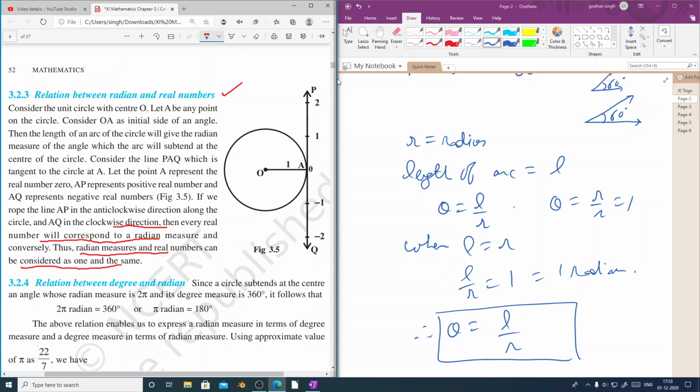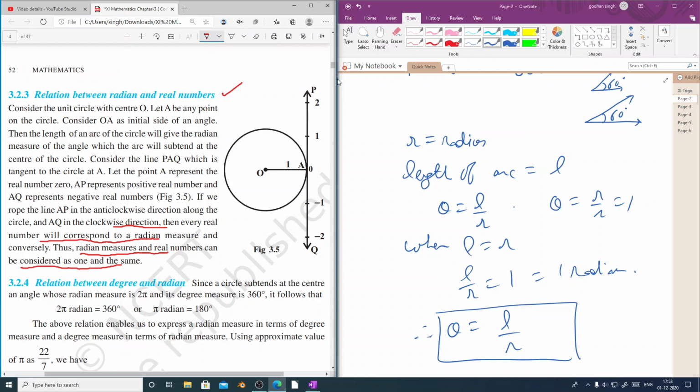So it simply means that when we are rotating on this unit circle, moving in the anti-clockwise direction, we know that the radian is nothing but the length of the arc on the unit circle. So when we move in the anti-clockwise direction, we will get all the positive real numbers, and when we move in the clockwise direction, we will get all the negative real numbers.